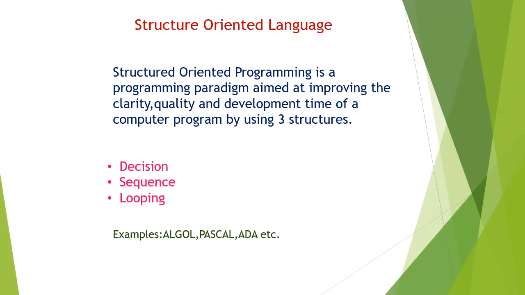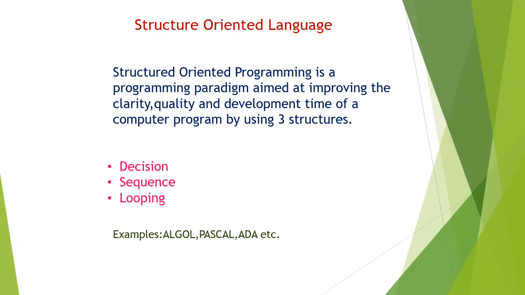Otherwise, he is not eligible to vote. Here, based on the condition, we decide which group of statements will be executed. We are deciding whether to execute the first group of statements or the second group of statements based on a particular condition. So this kind of structure is called a decision control structure.